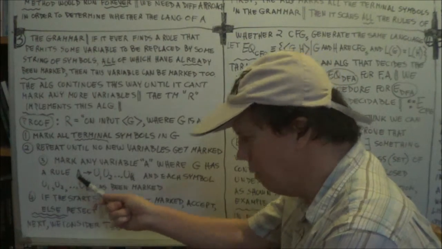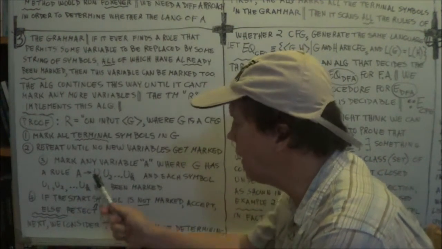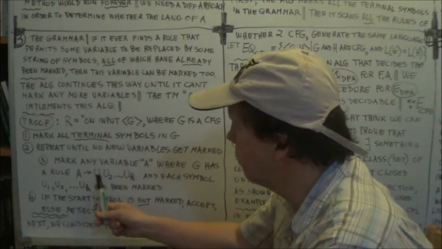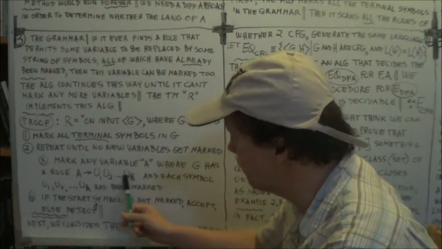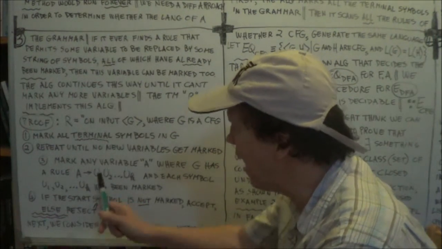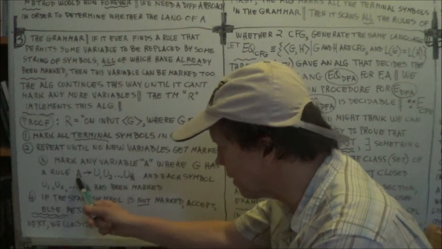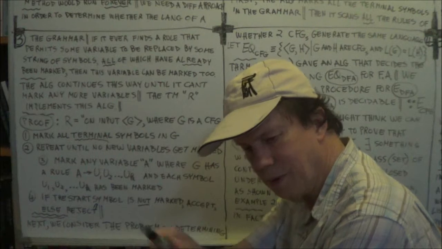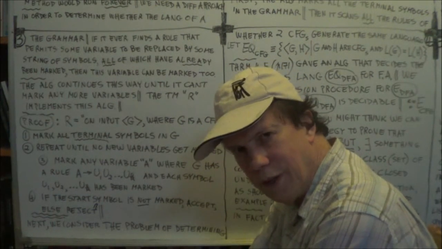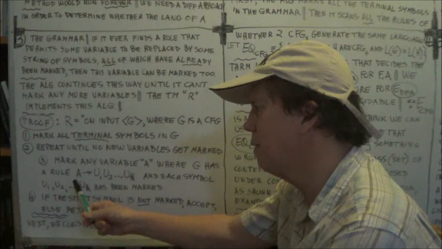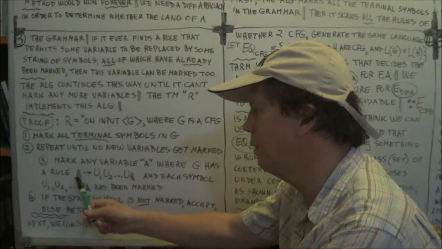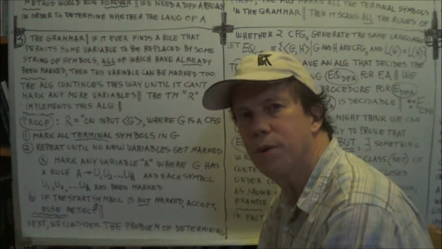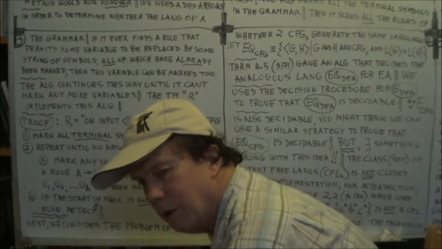Okay, so you look at each rule, and so here's an example of one of them. So one of n of them, and you look at all the symbols on the right-hand side of the rule to see if they're marked. Now, if all of them are marked and this one is not marked, well, mark it. Mark that one. Okay, and then you go on to the next rule and so on, and the same process. You'd go systematically through your n rules, and you would check for an unmarked variable.